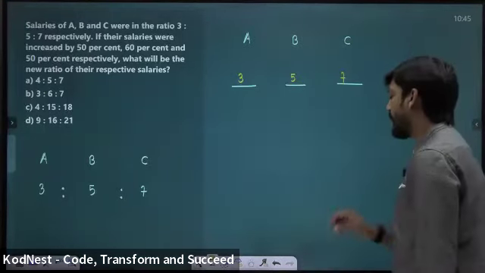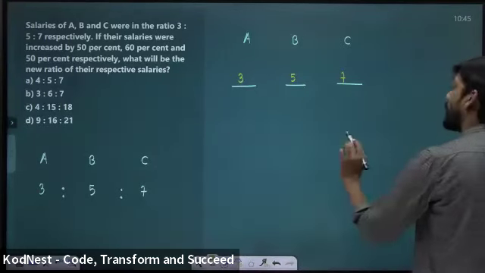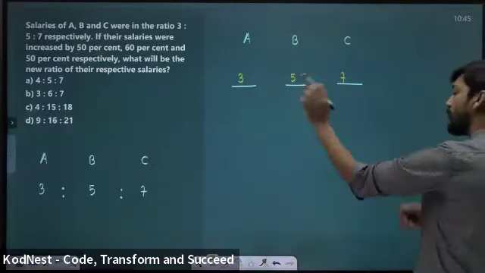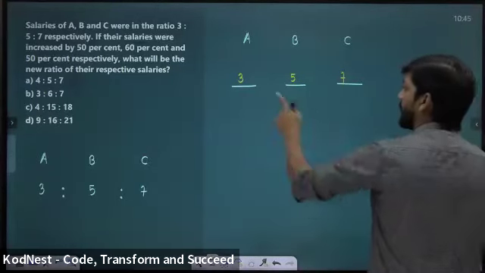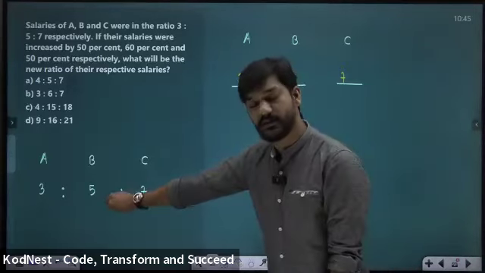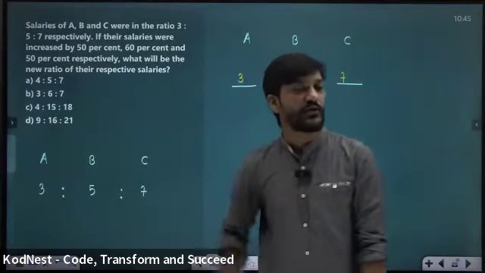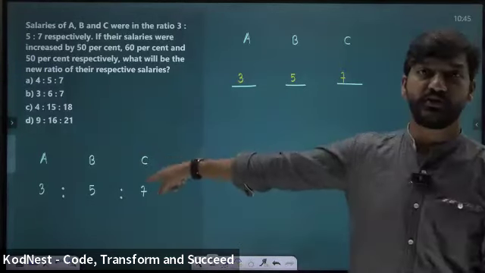Now, carefully answer one thing. I have not done this previously, I am going to do it now.